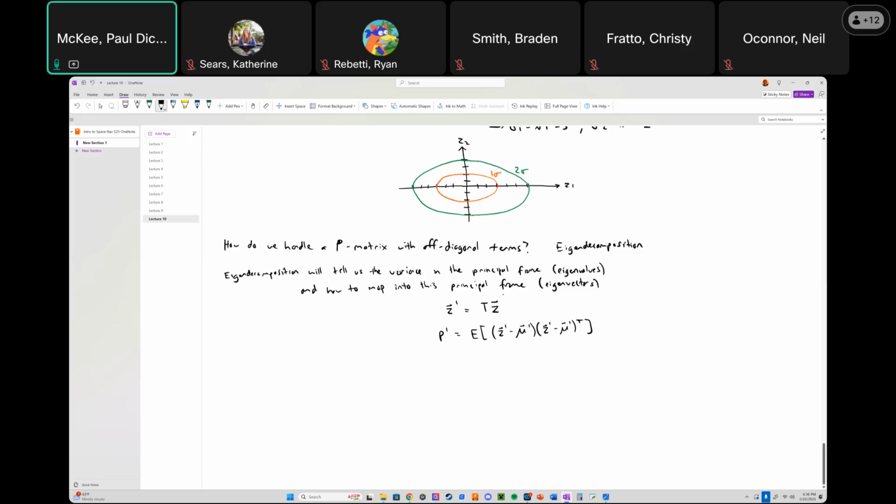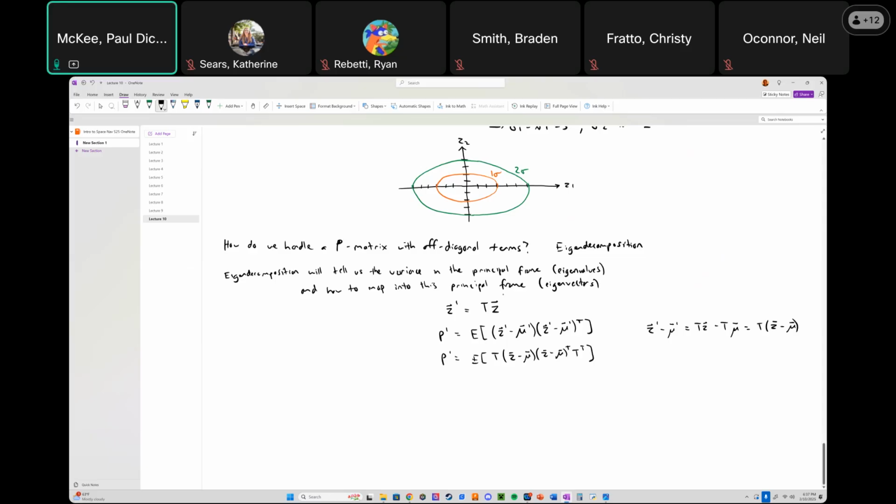But then we also know that z prime minus mu prime is just Tz minus T mu, which is to say it's T times (z minus mu). So we can do a substitution. P prime is the expected value of the matrix T times (z minus mu), and then (z minus mu) transpose T transpose.